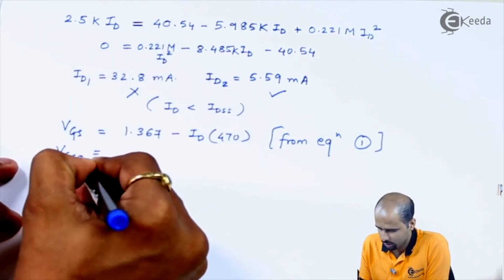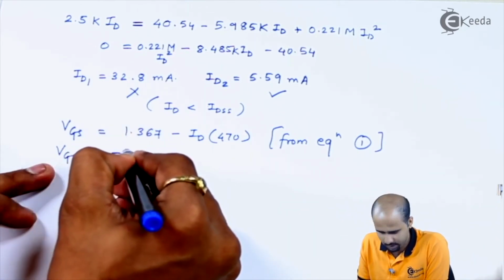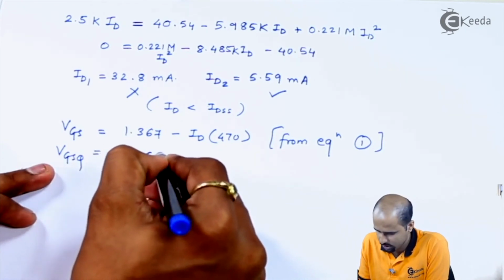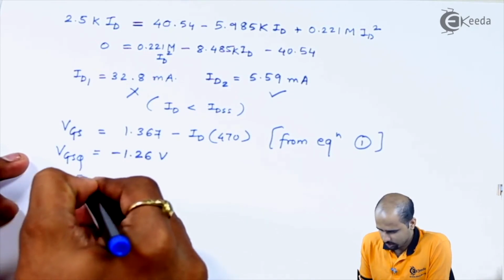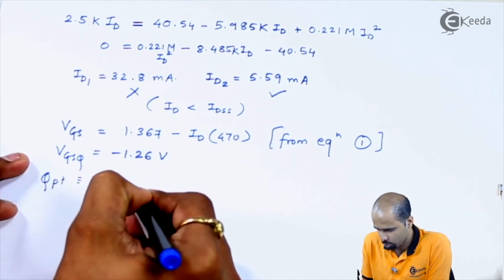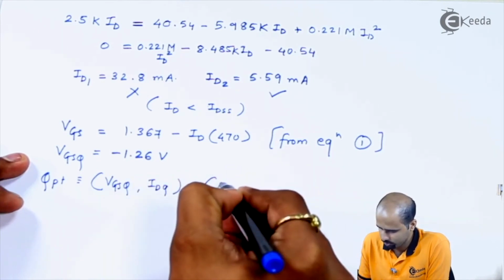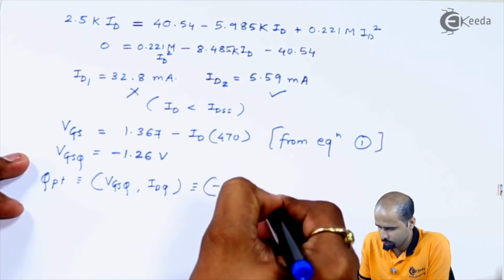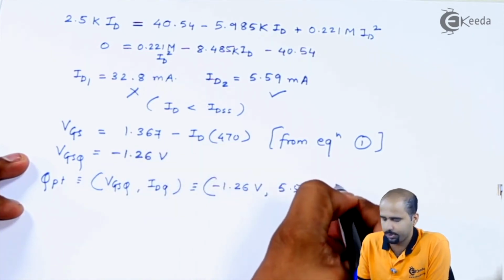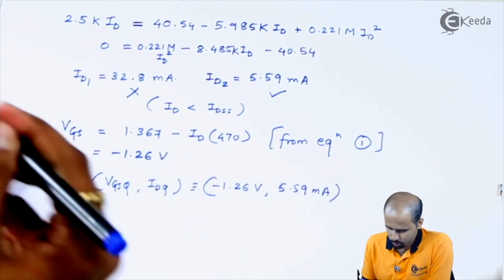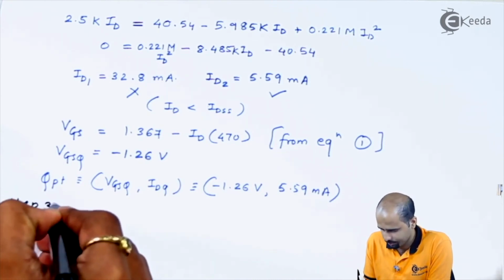So VGSQ is minus 1.26 volts. First Q point we have got, that is nothing but VGSQ and IDQ, that is equal to minus 1.26 volts, comma 5.59 milliampere.